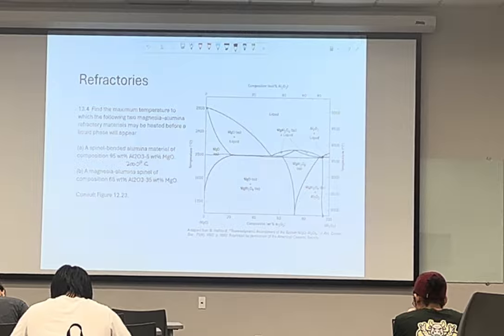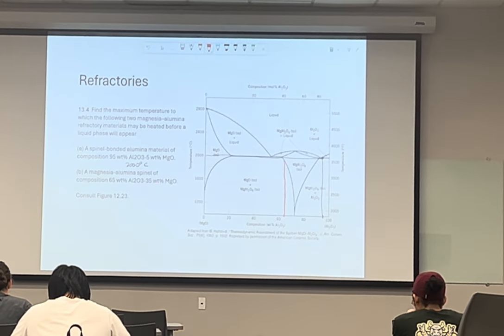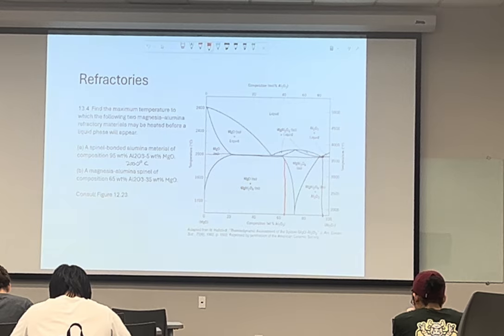And this is a different color for part B. So for part B in red, the maximum temperature without the formation of the liquid phase for the magnesia aluminum spinel at 65 weight percent is about this point right here. Now if we go up, we hit that point, is that correct?